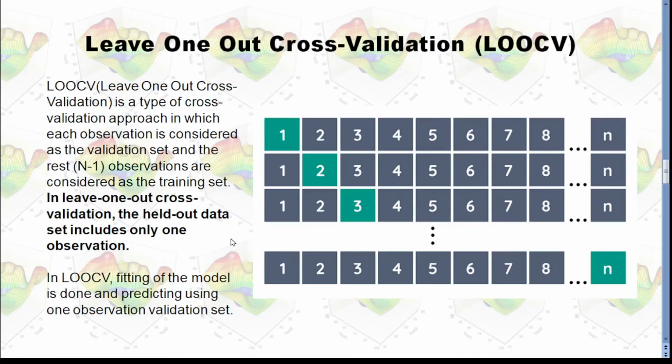So the difference is that you don't separate the data into k folds, but you use one observation for the validation. So the leave-one-out cross-validation method will take a longer time to do the training and the validation. I can show you when we run the Python code.